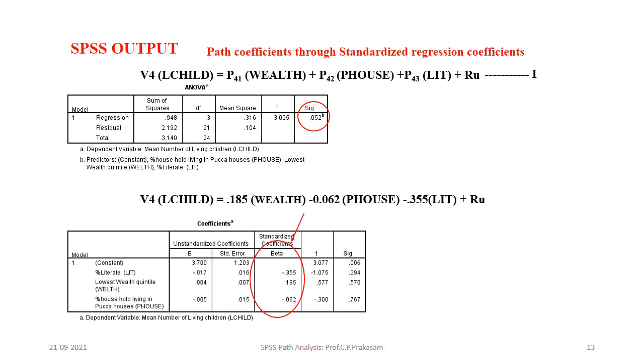This Ru is calculated as the root of 1 minus R square. The calculated R square is 0.302. Therefore, the output will be 0.8355, which is uncorrelated with the path.